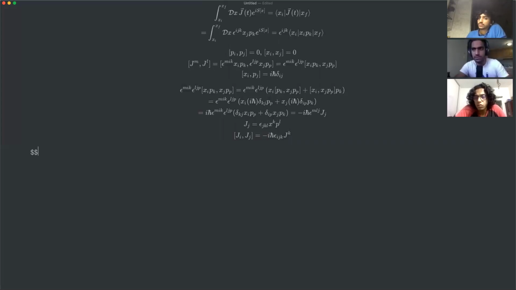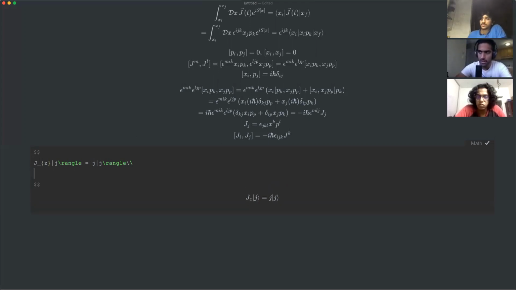Let me do that more slowly. I say that J is the Z component of J. This is my quantization rule. But now you see that Jx and Jy won't maintain this.